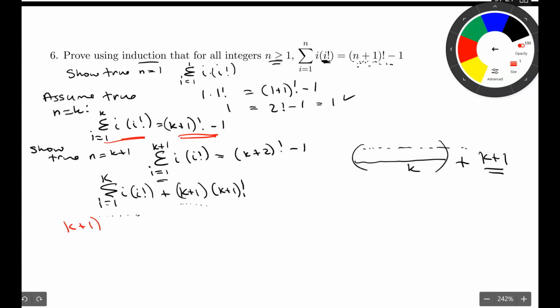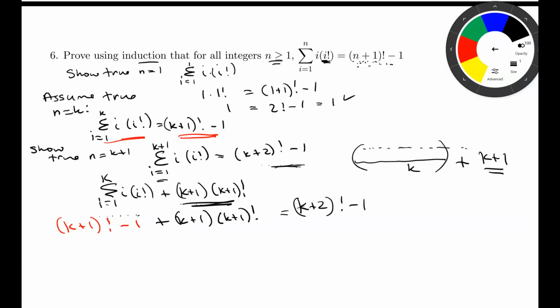So I have k plus 1 factorial minus 1, and then let's bring this guy down, so plus k plus 1 times k plus 1 factorial. Again, you don't use this and move things to the other side. I want to get to this, so I'm just going to write it down here. I'm thinking, how am I going to get this to look like this? That's my job.